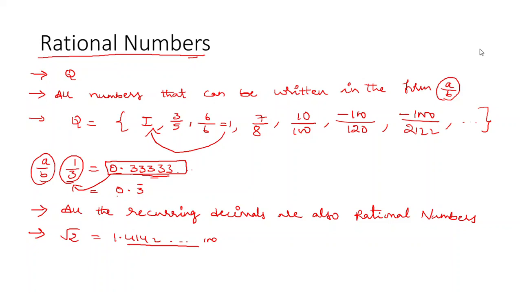So root 2 is not a rational number, because it cannot be represented in the form a by b. We can represent 0.333 and so on as 1 by 3, but we cannot represent 1.414 and so on in the form a by b, because we don't know when the part after the decimal ends. We would need to do this infinite times. And so root 2 is not a rational number.